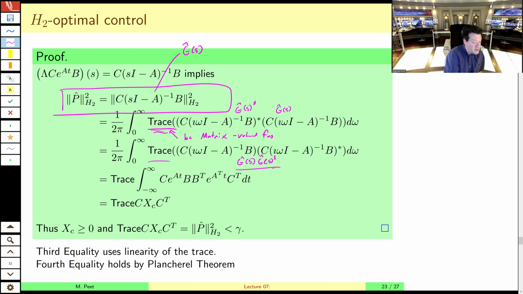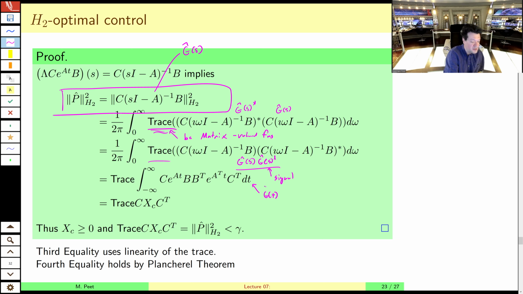Next, let's look at that. We have the square integral of this transfer function, a signal in the Laplace domain, frequency domain. Well, Plancherel's theorem tells us that the H2 norm of a signal in the Laplace domain is equal to the L2 norm of the G of t, whatever that would happen to be.